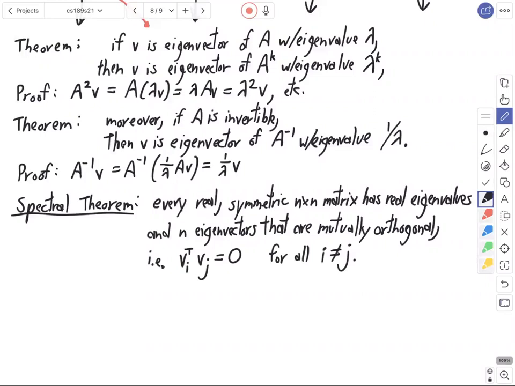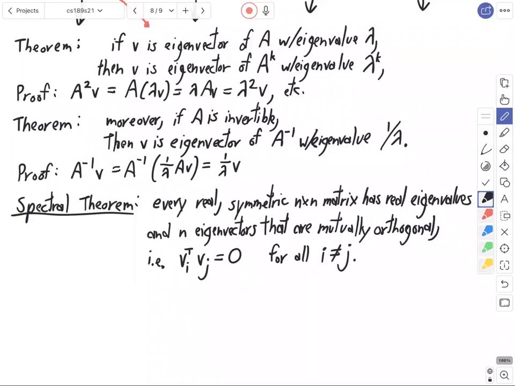One important minor detail is that a matrix can have more than n eigenvectors. It can have more than n directions that have this magic property. Because if two eigenvectors happen to have the same eigenvalue, then any linear combination of those two eigenvectors is also an eigenvector. If you imagine two eigenvectors with eigenvalue 3, then all the vectors in the plane spanned by those two eigenvectors, not counting 0, are eigenvectors with eigenvalue 3.